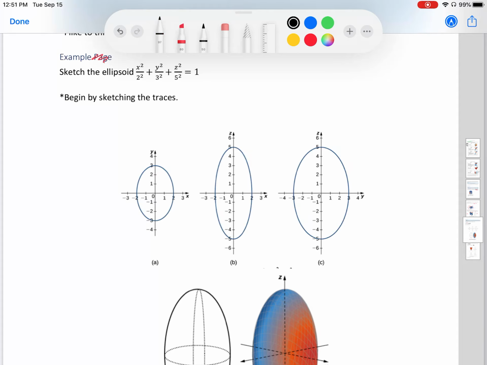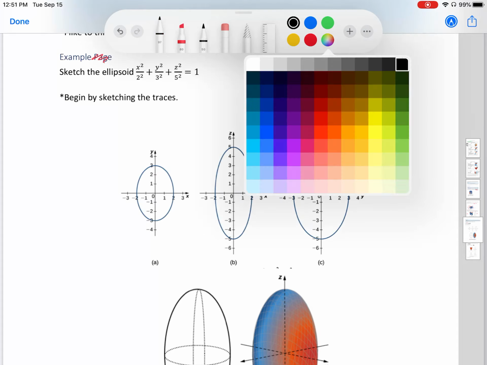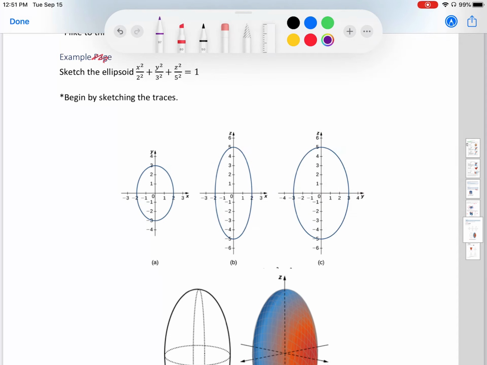We see here that first graph has an x and a y, so we're only working with our x and y variables. That z variable, I'm not sure if it's correct to say it, but it's gone. So that term with the z is disregarded. So we have x squared over 2 squared plus y squared over 3 squared equals 1.